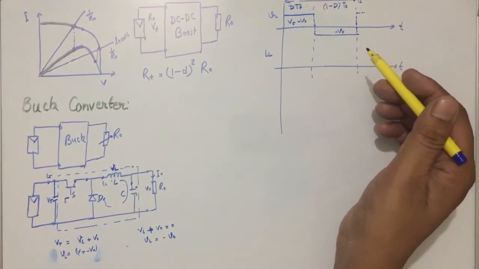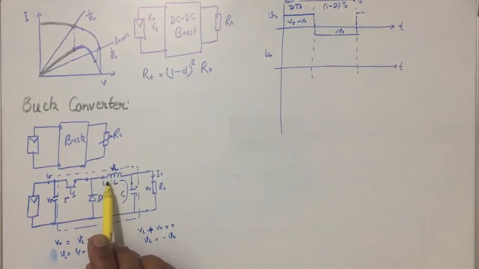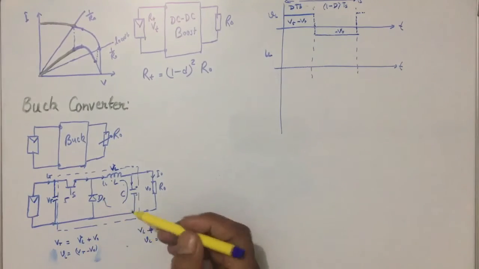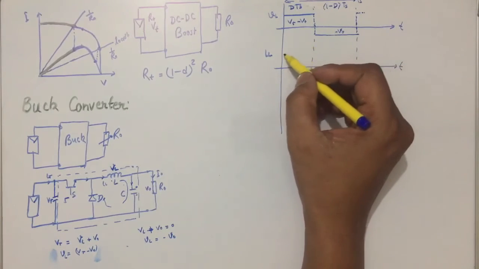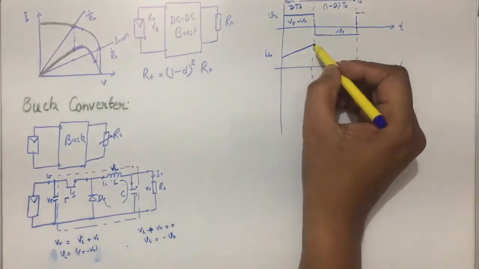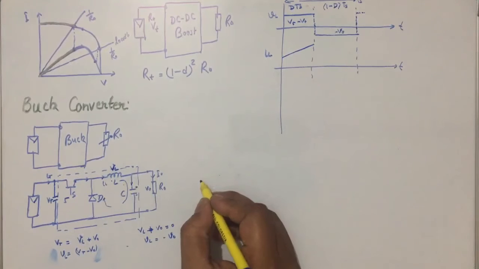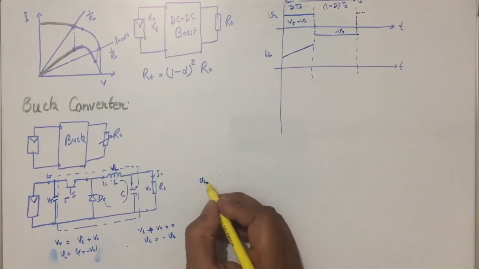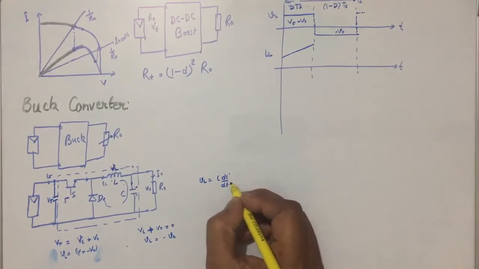Now what will be the current? During the on time, it starts charging and continues charging. We know VL can be written as L di over dt.